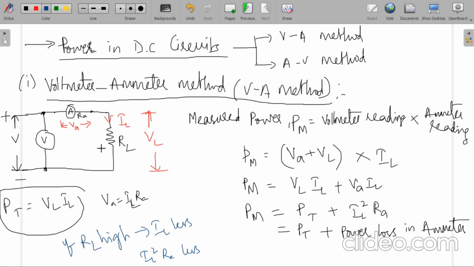So this VA method is suitable for the measurement of power in the circuit consisting of high resistance.